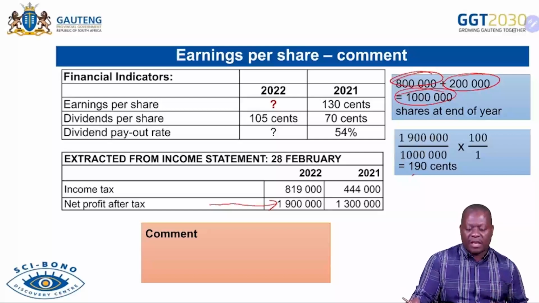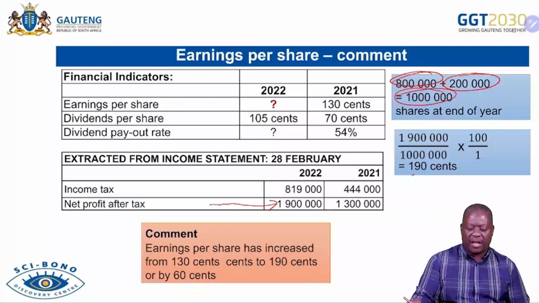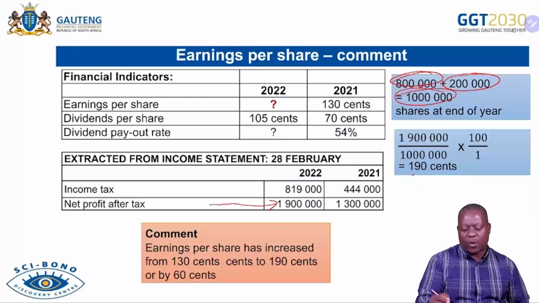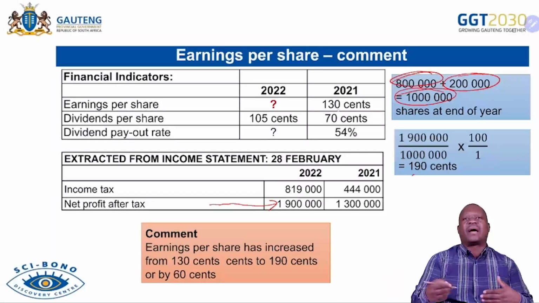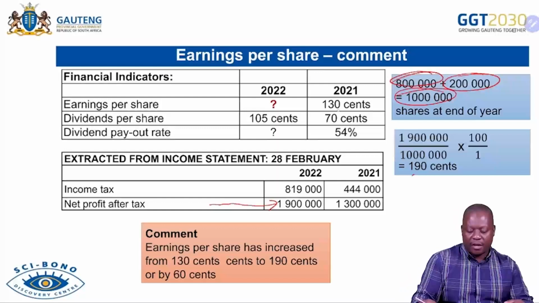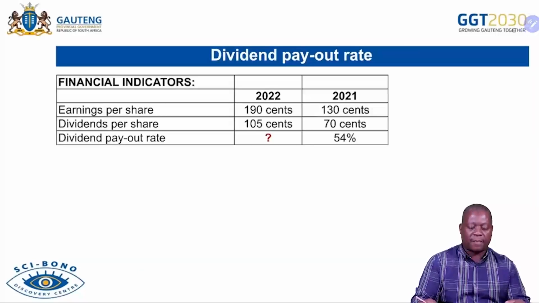Now, when we have got our earnings per share, let's comment on what happened to them. They've increased from 130 to 170. Or you can simply say they increased by 60 cents, which is still making sense.